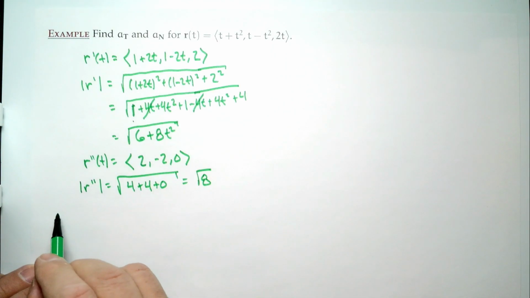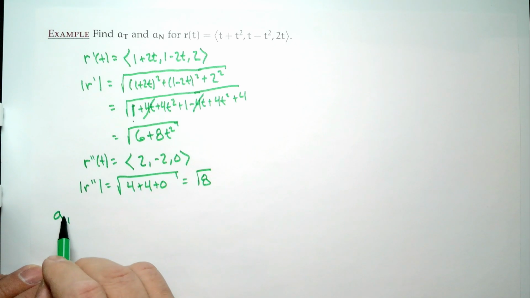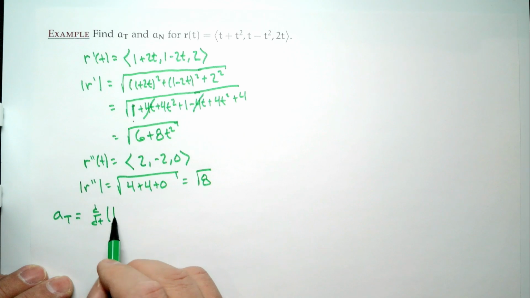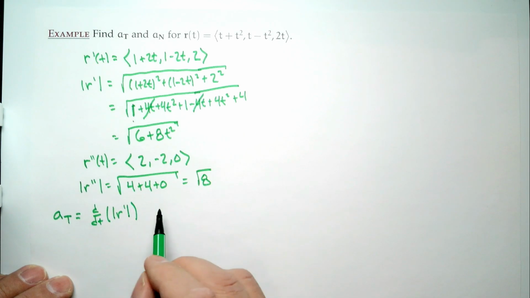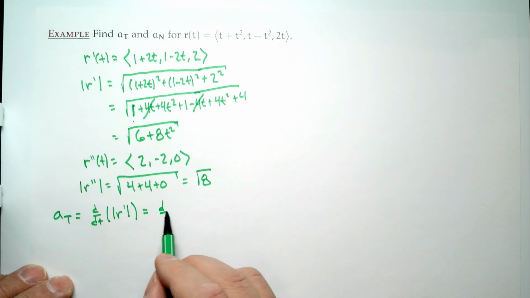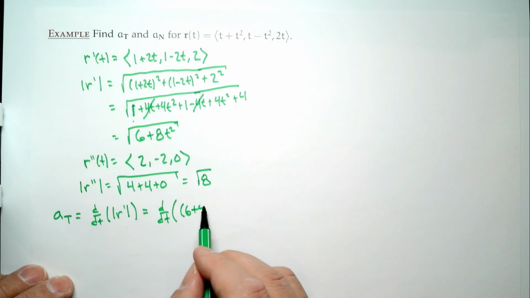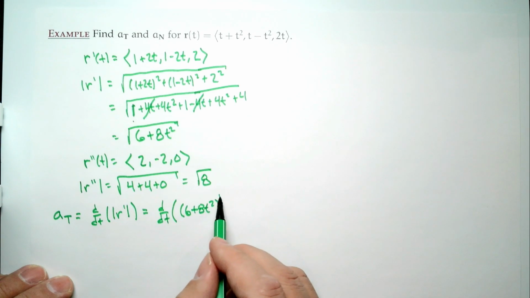Okay, so algebraically, a sub t is the derivative of the magnitude of r prime. Well, that's the derivative of 6 plus 8t squared to the 1/2.